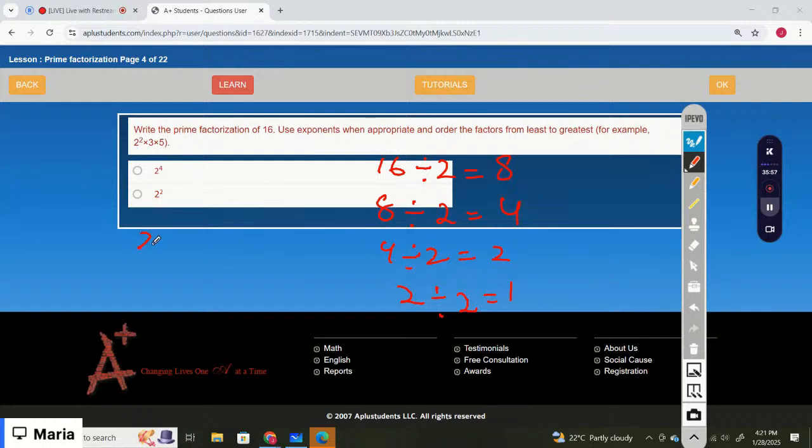So the prime factors are 2 times 2 times 2 times 2. You can write it as 2 exponent 4. Option number 1 is the correct option. That is 2 exponent 4.